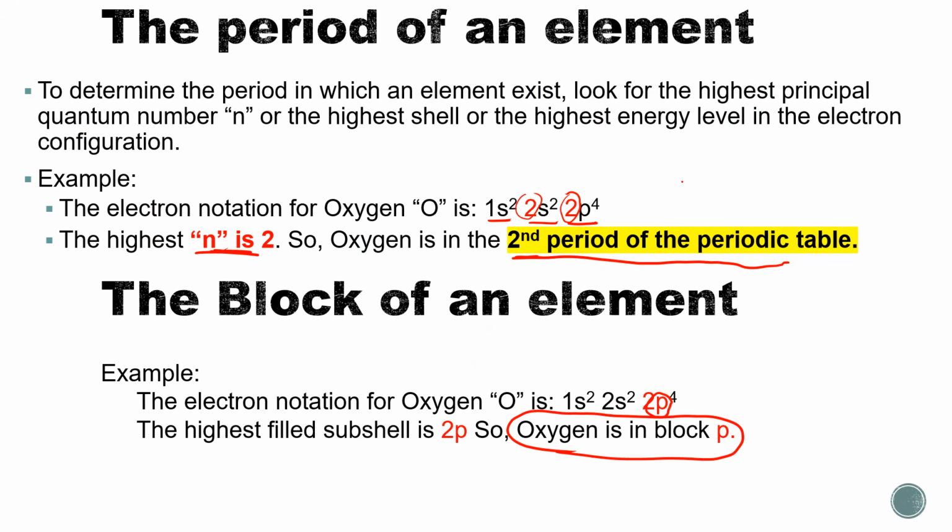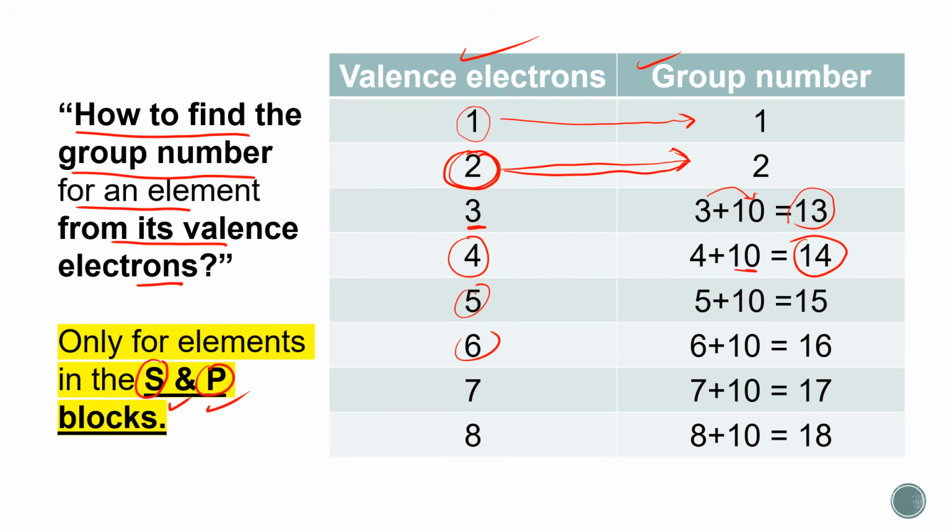So how can we know it's in group 16? How many valence electrons are there? So 2 and 4. So 2 plus 4 equals 6 valence electrons, right? And it ends with p. So what was the rule? If I have 6 valence electrons, I just add 10 to it and I'll get the group number.